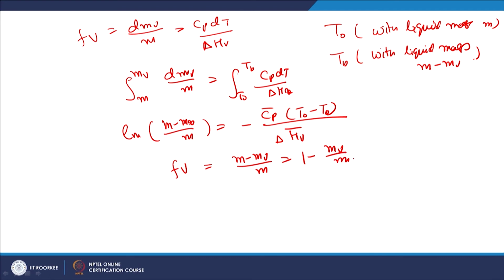After substituting the value, we get the fraction of liquid vaporized as Fv is equal to 1 minus exponential of minus Cp (T naught minus Tb) upon delta HV bar.